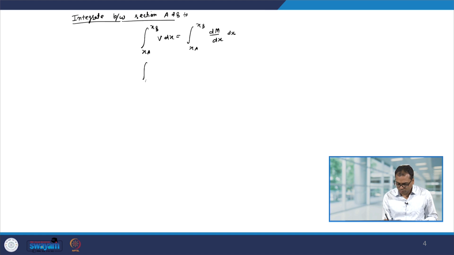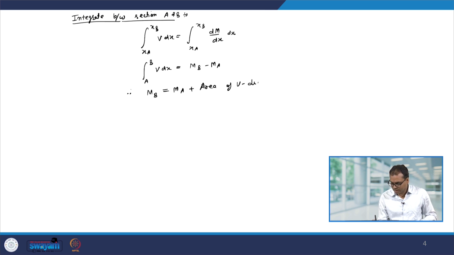So, this gives you V dx between a and b equal to m b minus m a, or we can write down m b as m a plus the area of V diagram between A and B. Let us call this equation number 4.